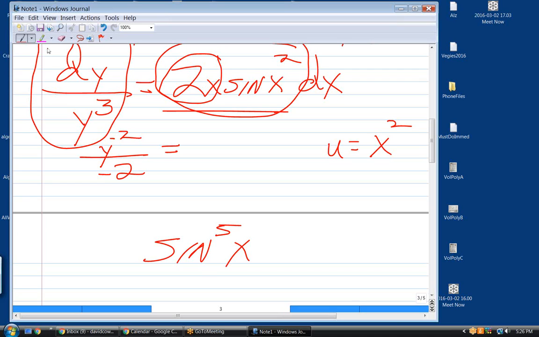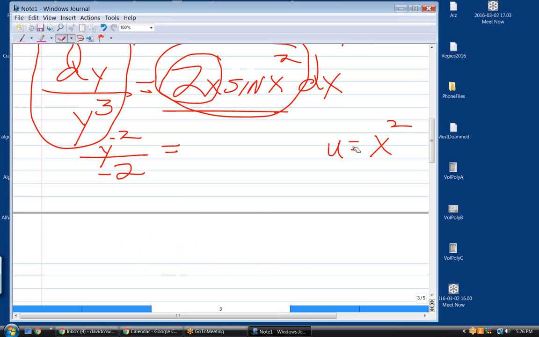If the expression is sine of x to the fifth inside, then U has to be x to the fifth, because then we would have the sine of U. We can integrate either the sine of U or U to the fifth. But if I try to let U be sine of x here, I cannot rewrite that expression as U. You've got to be able to rewrite the expression as a function of U.